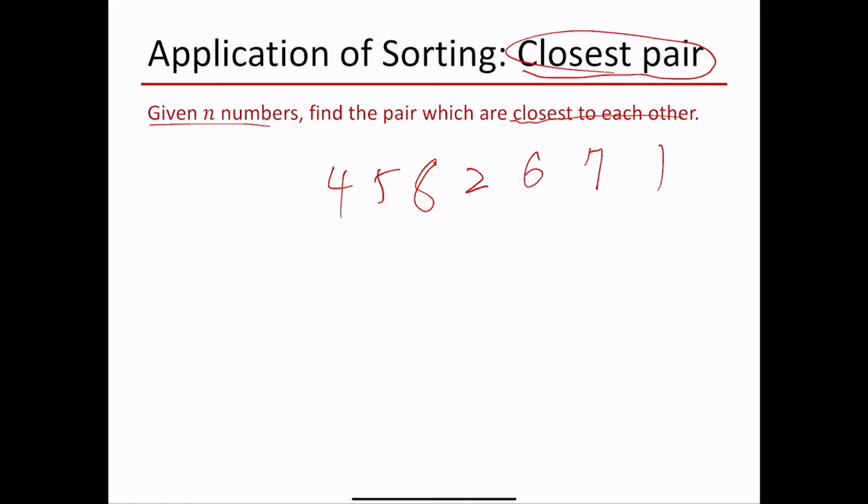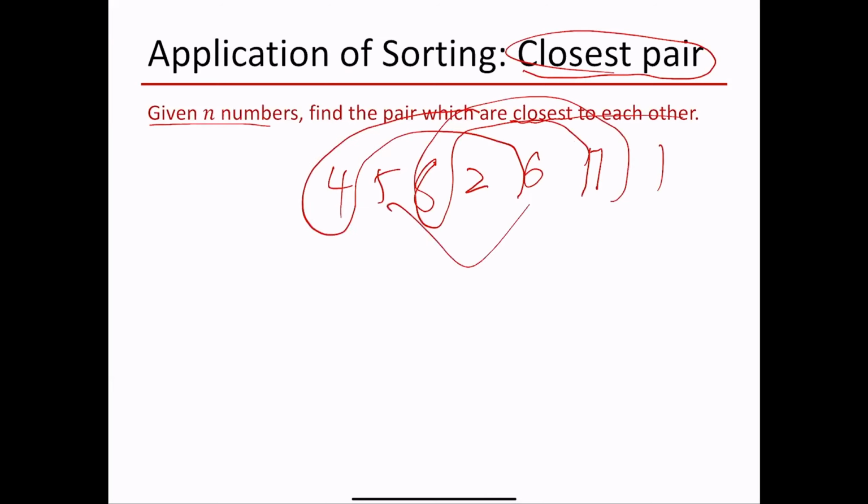Let's say it should be 8 and 7, 6 and 5, and 2 and 4. Closest to each other. Do you understand?